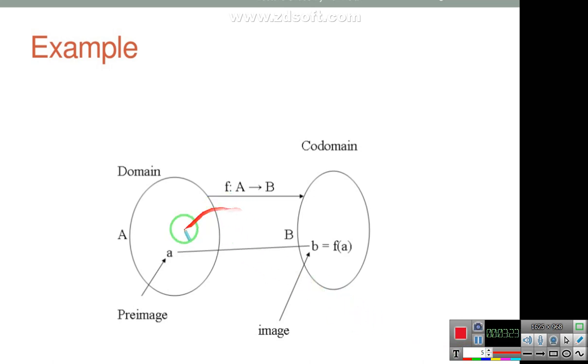Now see in this example, A is a pre-image, B is the image under the function f. So you can also see that A is the domain and B is the codomain, or we can also write that range.